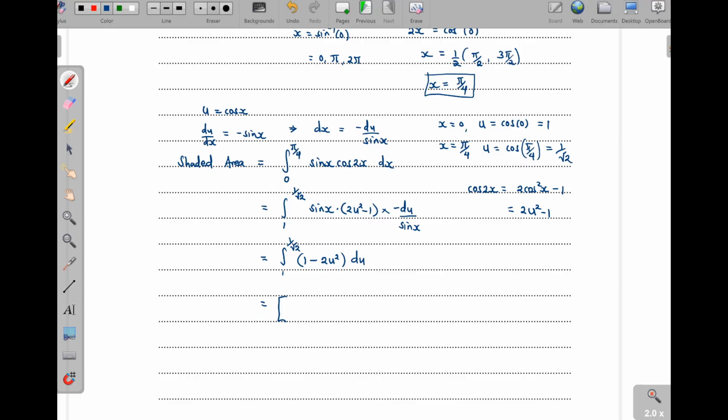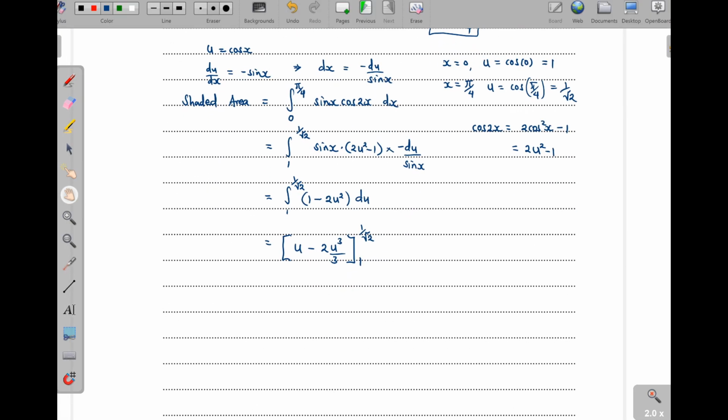When you begin the process of integration, you take away the integral sign and replace it with square brackets. So with respect to u, that one becomes a u, and then here you will get 2u cubed out of 3, not so? Then here 1 out of root of 2, then a 1 here.